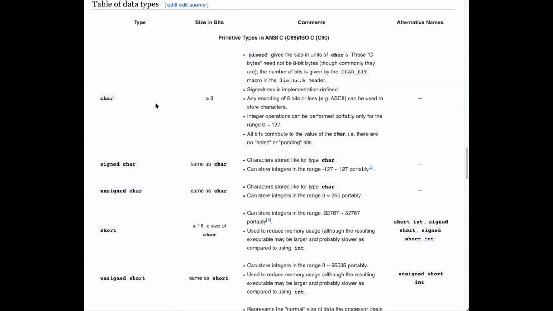All right. So when we get into this, you can see some of these types may not be integral. When I say integral, they are represented by digits or numbers. So char is one, signed char, right? Unsigned. The difference is that signed means positive and negative, and unsigned means positive only.